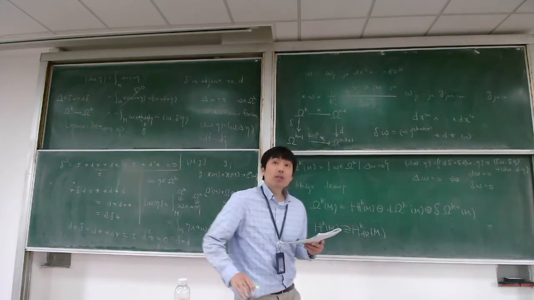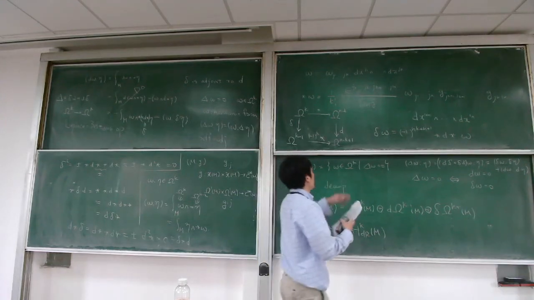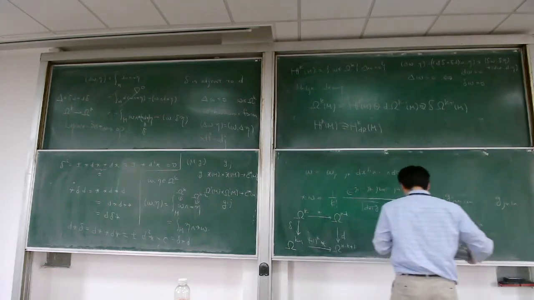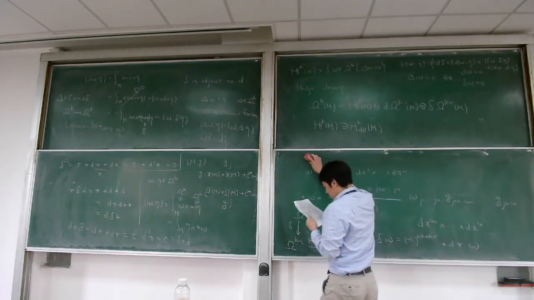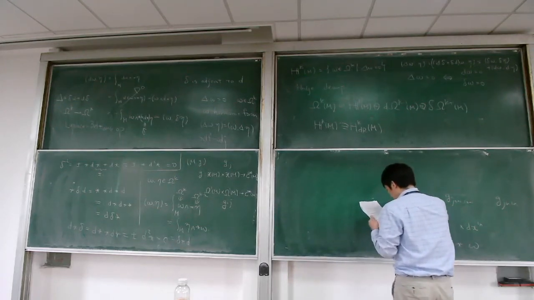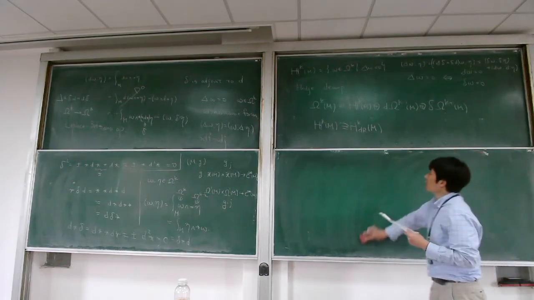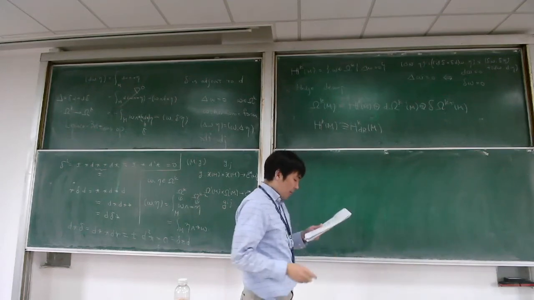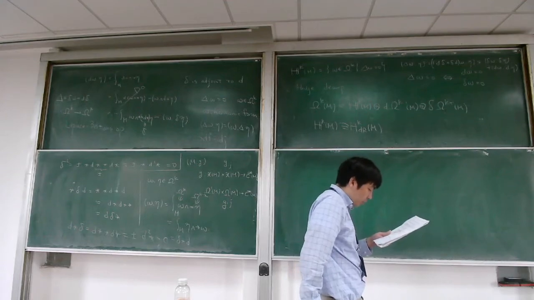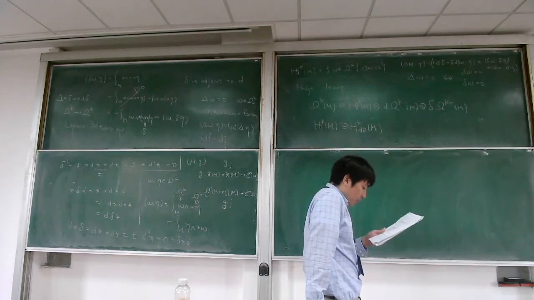Okay, so let me state Poincare duality and finish. So this Hodge theorem tells us that for non-trivial classes, you can always have a harmonic form as a representation of de Rham cohomology.